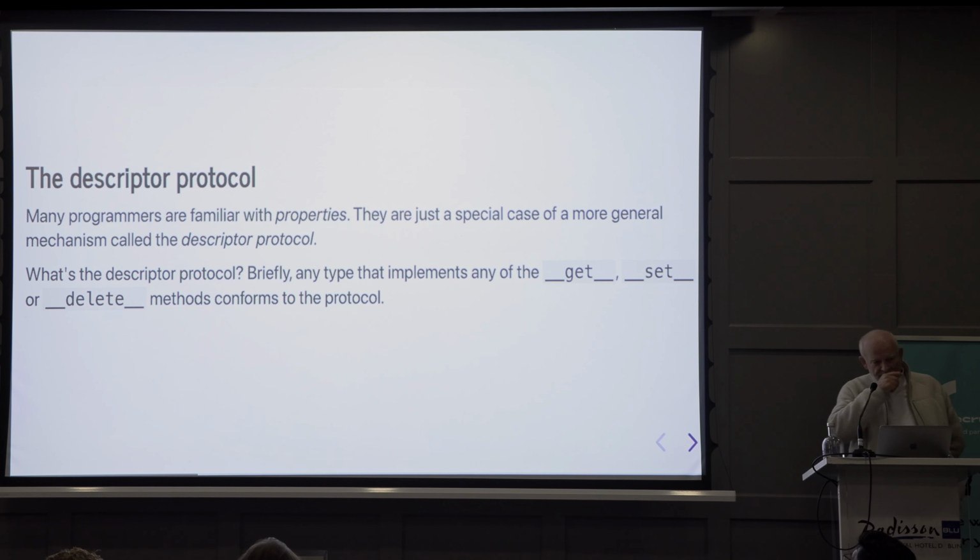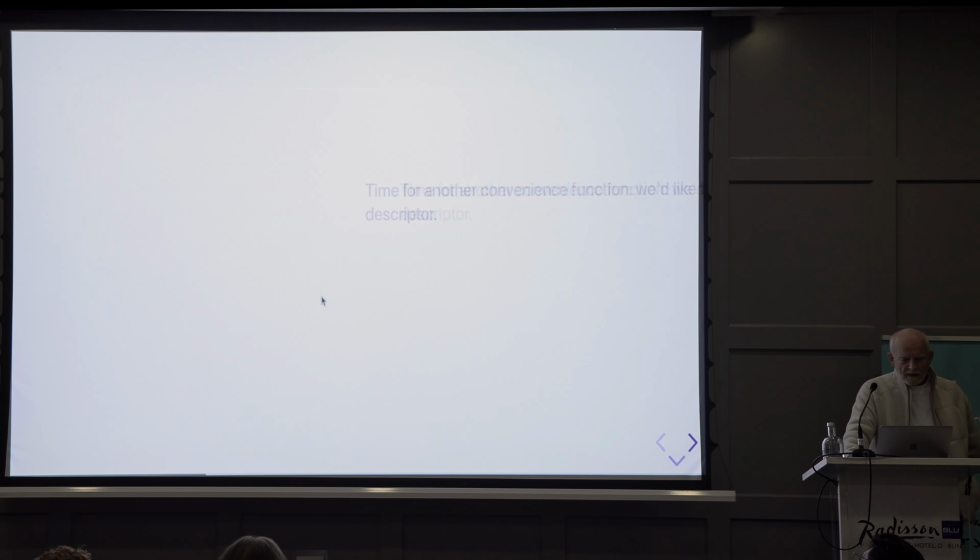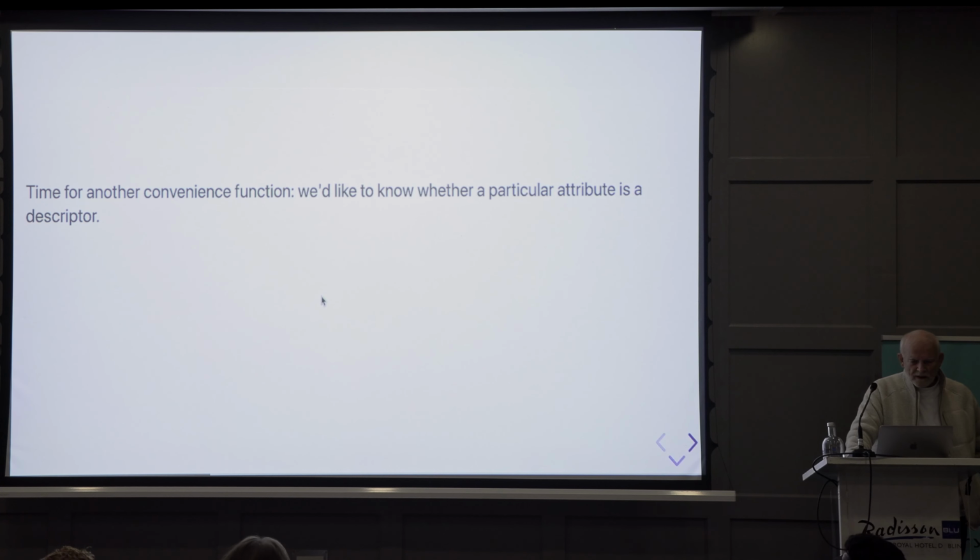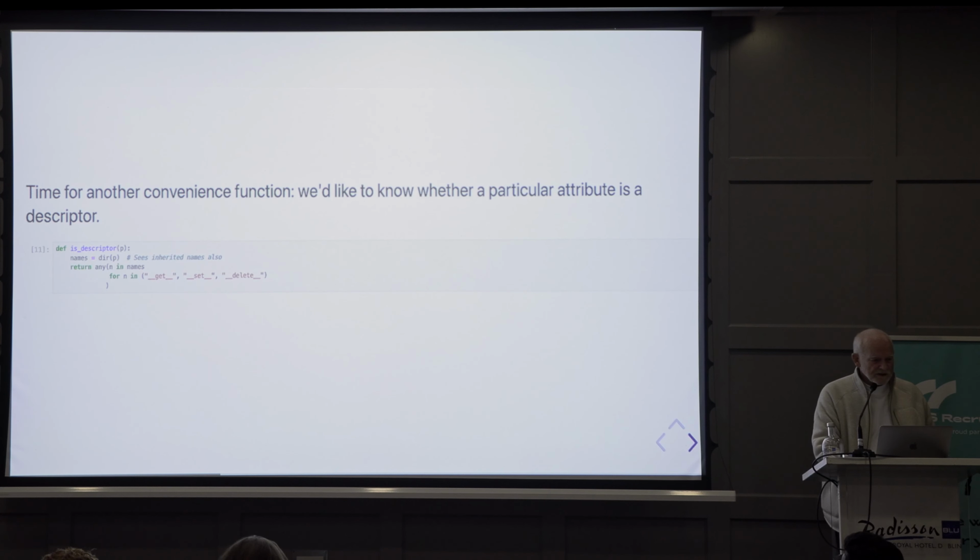So the descriptor protocol is, among other things, the mechanism that underlies the property aspect of Python. And the descriptor protocol is basically anything that implements a __get__, __set__, or __delete__ is assumed by Python to be a descriptor. So let's write a function that tells us whether or not a particular attribute is a descriptor.